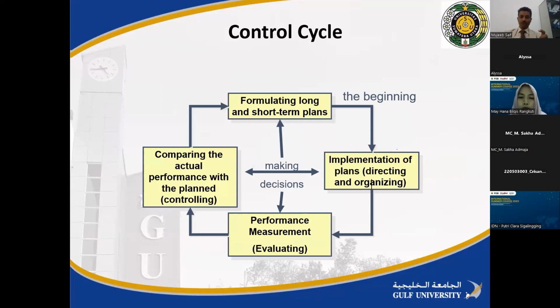Control: you should know what your plan was, the implementation of this plan, and how the actual performance is. Then we compare the actual performance with our plan to see if there is a difference, and then we make a decision that helps us avoid these problems in the future.